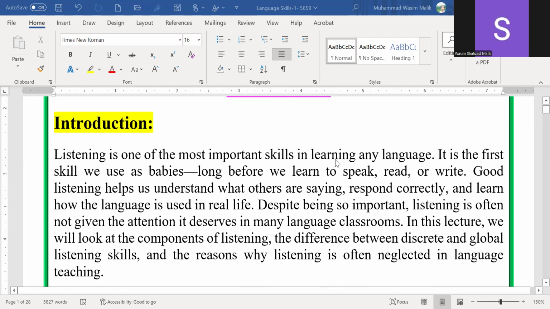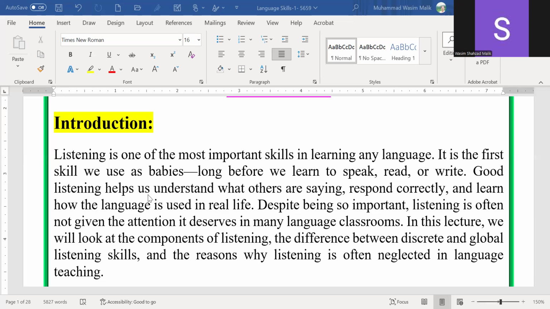First of all, we are going to discuss its introduction in a very easy language. I'm sure you will like the stuff that is being given to you in a very easy language. Listening is one of the most important skills in learning any language. It is the first skill we use as babies, long before we learn to speak, read, or write.